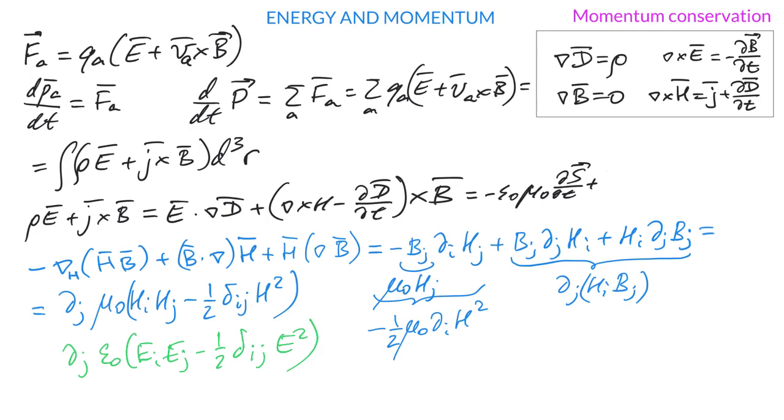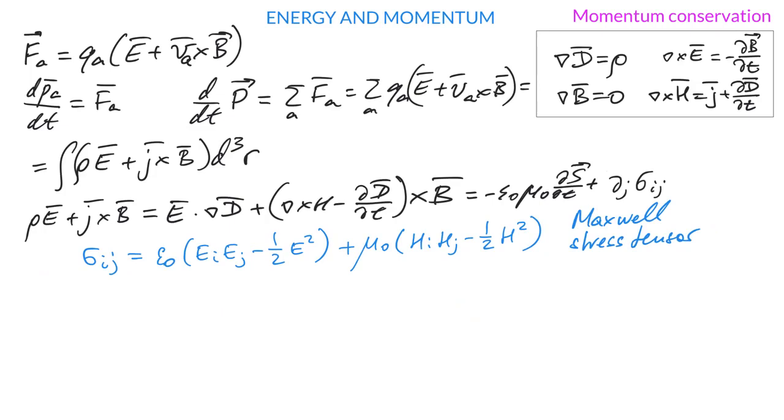So we can now combine them together, and then in our main expression write dj, and we can introduce a second rank tensor. Let's call it sigma ij, and sigma ij is the sum of these two terms under the divergence. So let's expose it. This tensor is called the Maxwell stress tensor.